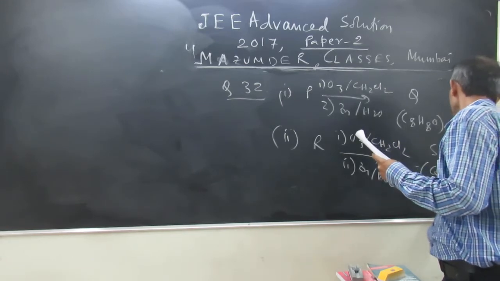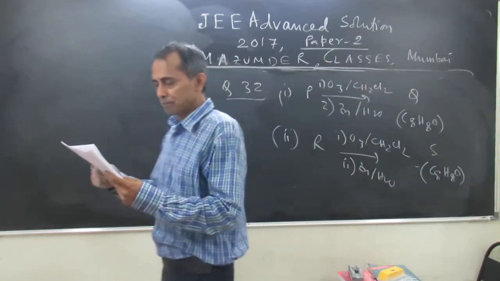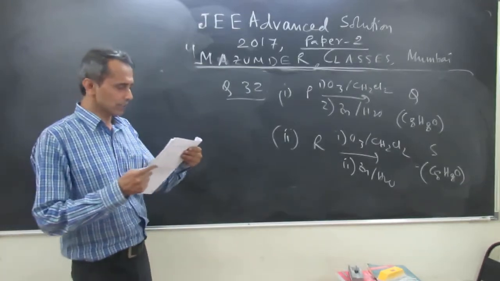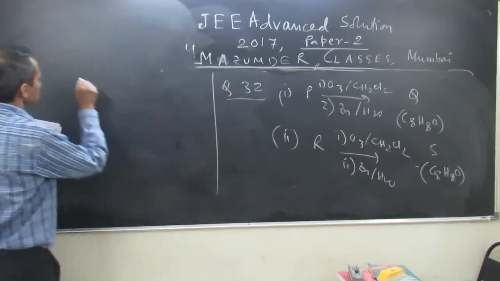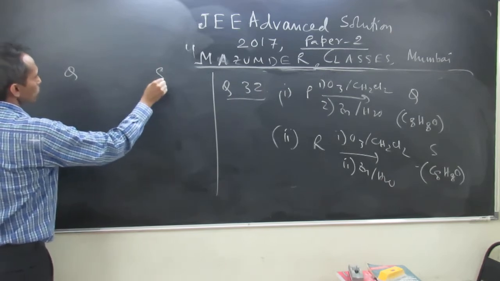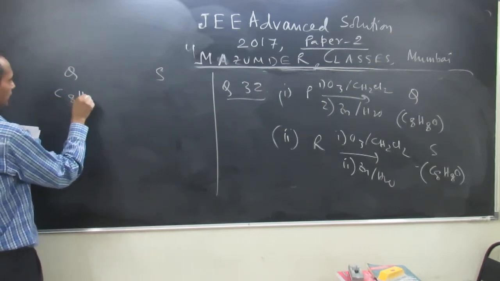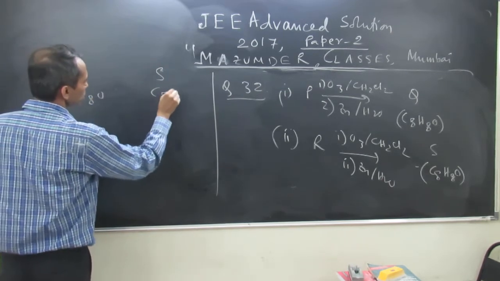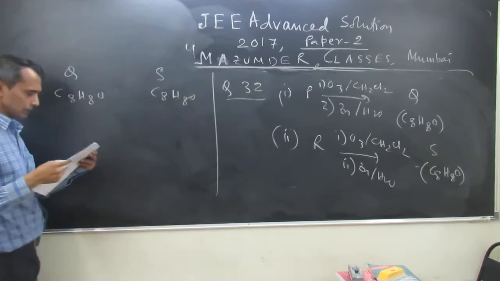Now you have to follow this: Q and S are both C8H8O.